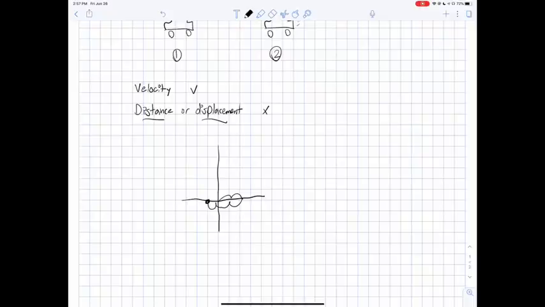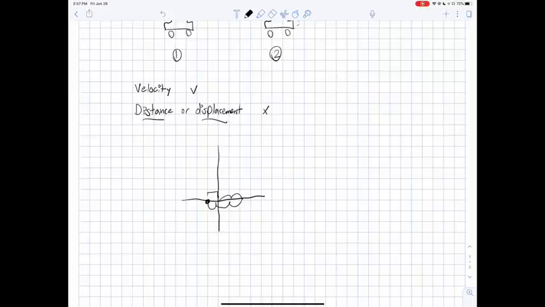Now, my distance traveled would be the total distance. So I would say, okay, I moved 1, 2 to the right, and then 3, 4, 5 to the left. So my distance traveled is 5. But your displacement only has to deal with your distance from where you started. So in this case, my displacement is just -1.